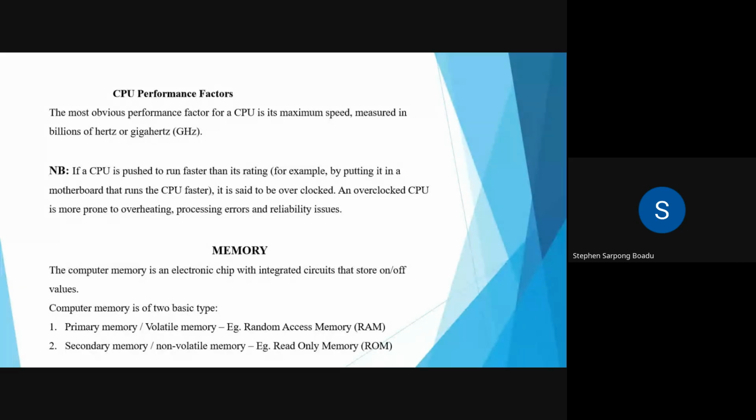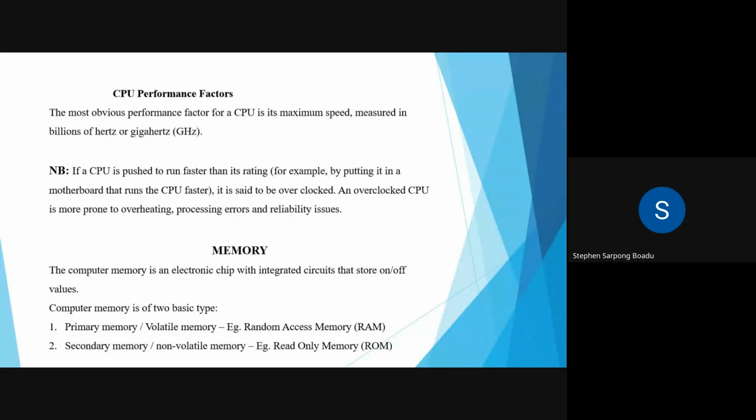All right. So we will now talk about CPU performance factors. CPU performance factors are the things that make us say, okay, this CPU is fast or this CPU is slow, right?